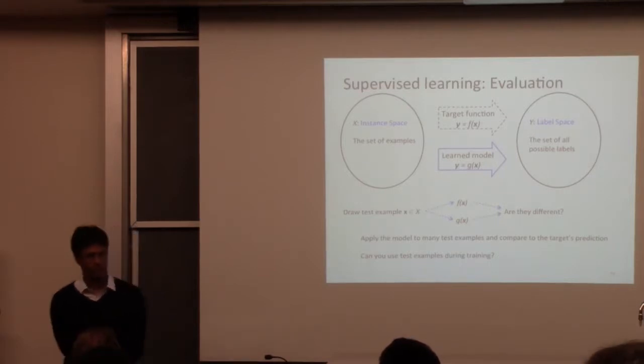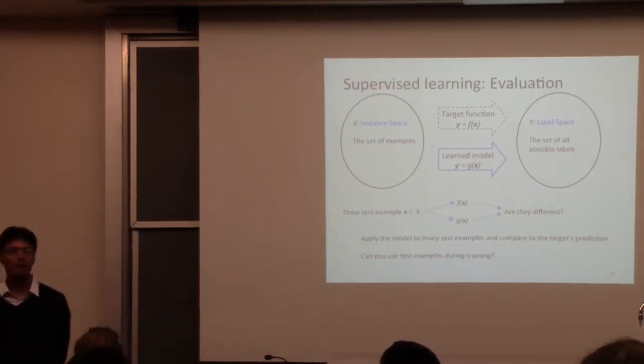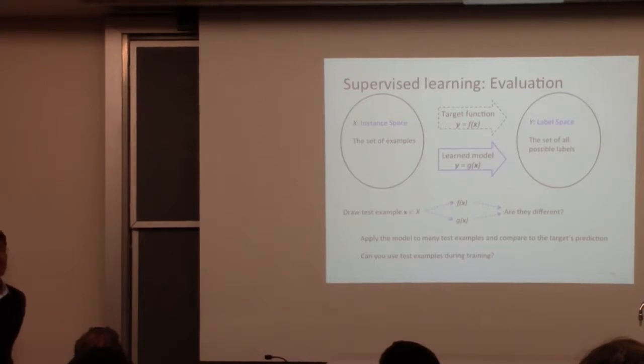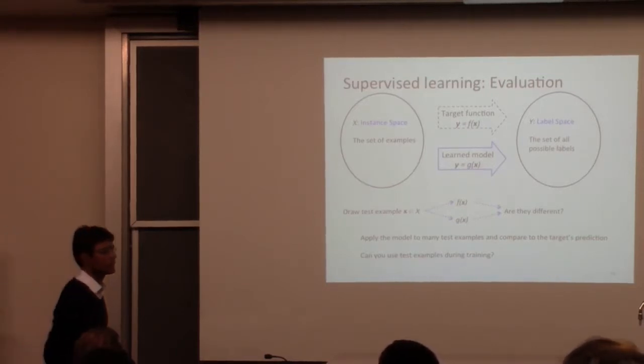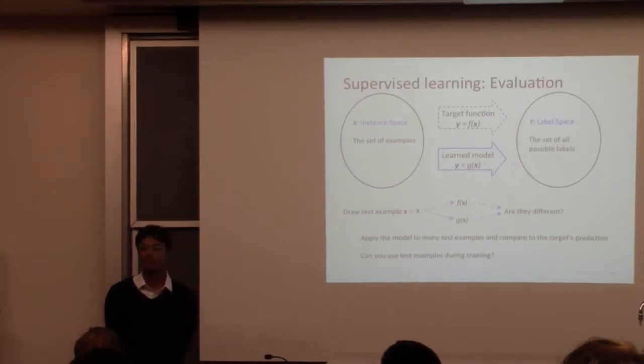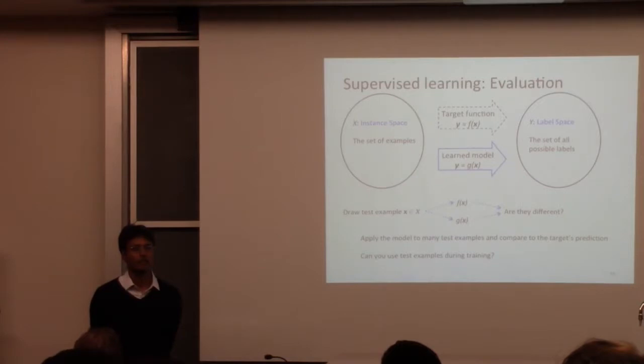So here's a question for you guys. What will happen if you use the test examples to train? Not in active learning; for now let's just assume that we are all in the supervised regime unless I say otherwise. Can you use test examples to train? Then what is there for testing?